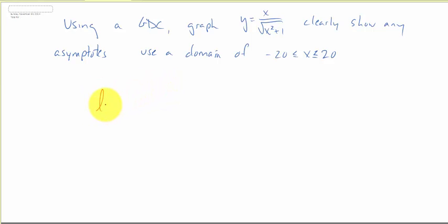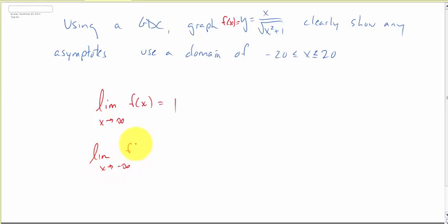So we can say that the limit as x approaches infinity of f of x is equal to 1. The limit as x approaches -infinity of f of x is equal to -1. And those are my asymptotes. My asymptotes are y equals 1 and y equals -1.